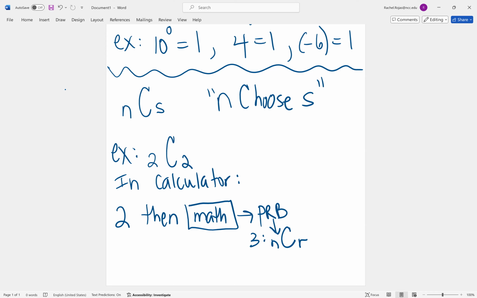Then we're going to type in the other 2, right? Because we're doing 2 choose 2. So whatever S is, we have to type that in and then enter. So let me show you how to do this on the calculator.